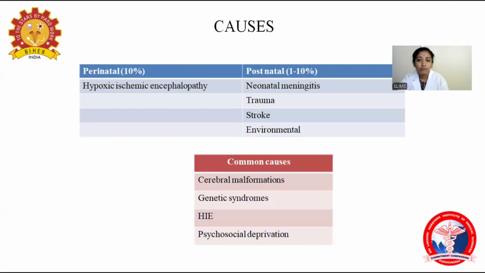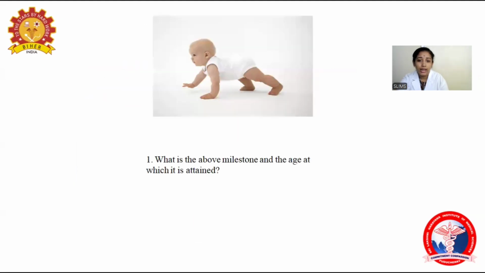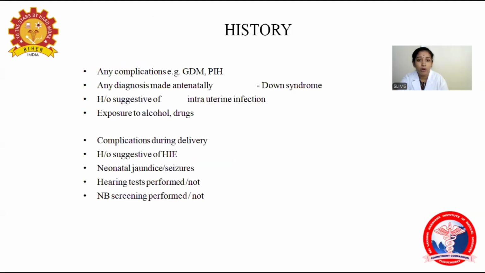Apart from that, we calculate the developmental quotient and take a proper history, starting from the antenatal period: any comorbidities, infections, exposure to radiation, any drugs. Then the delivery, whether any complications were there. In the postnatal period, whether the child received phototherapy for neonatal jaundice, and whether routine newborn screening tests like hearing screening and biochemical tests were performed.